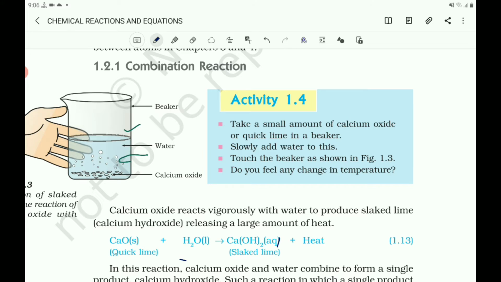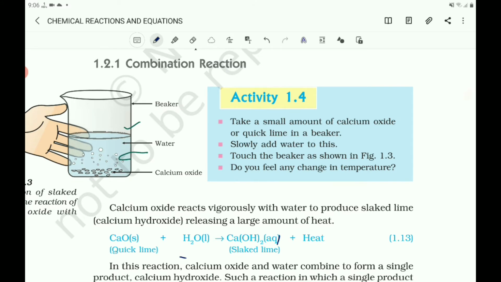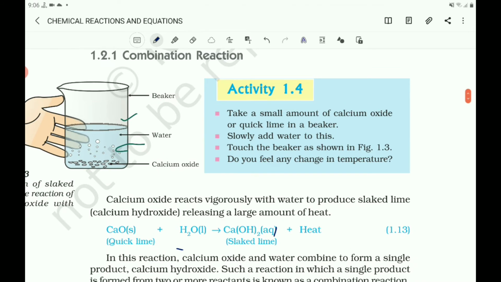That you already learnt in 9th standard. Now here see the activity already observed. In this activity, calcium oxide reacts with water to produce calcium hydroxide. In this chemical reaction, there are two substances, calcium oxide and water.